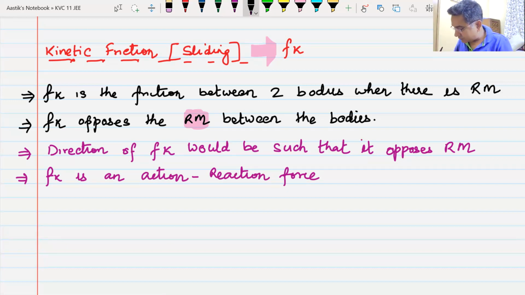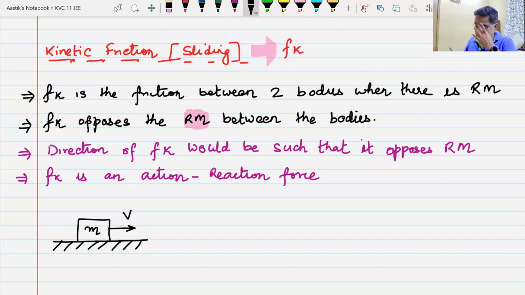For example, if this is a surface and a block of mass m is moving with a velocity v, and now from here onwards this surface is going to be rough, not smooth. What type of friction will act?